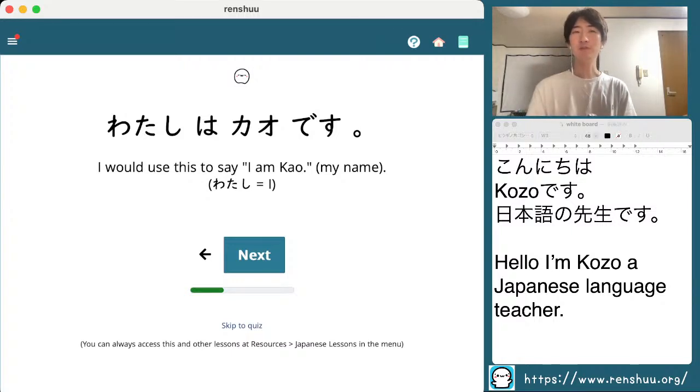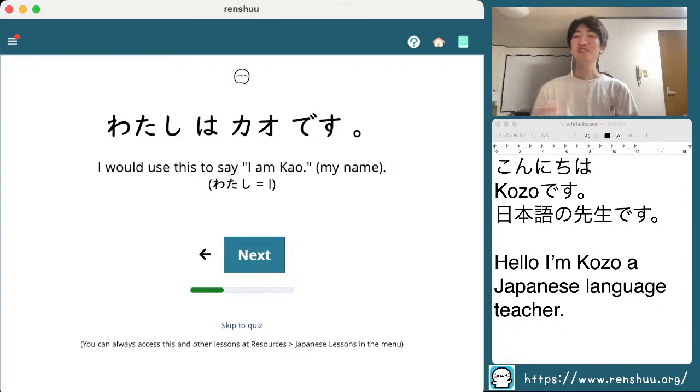And also, you will learn it later. People usually don't often omit this wa in real conversation. I mean, like, 私顔です。And if there is a context, like, I'm gonna introduce myself, I also omit 私.